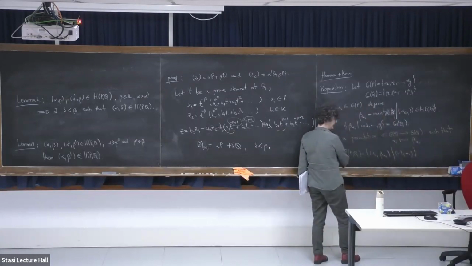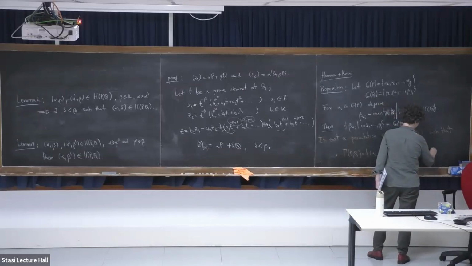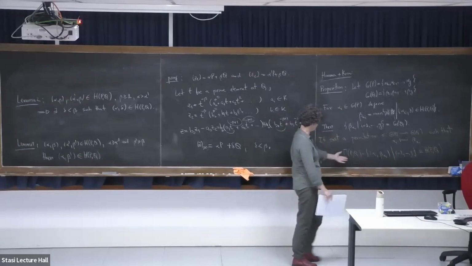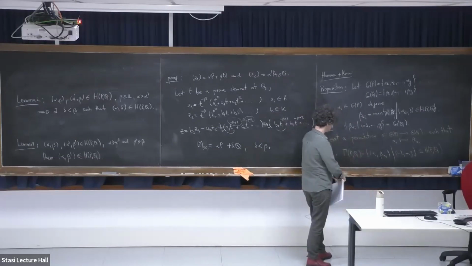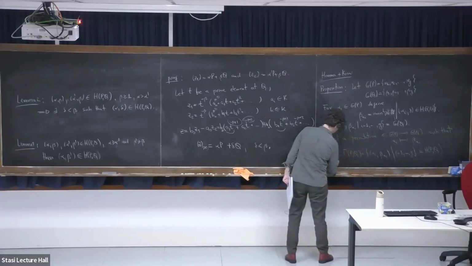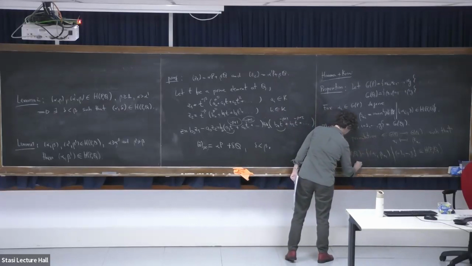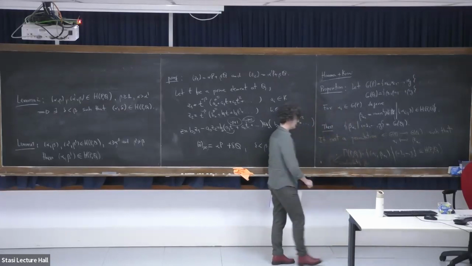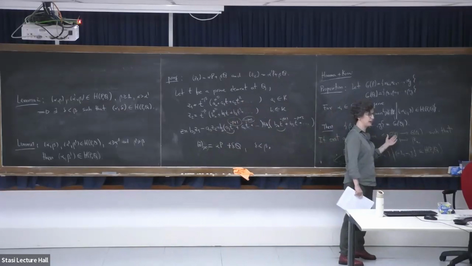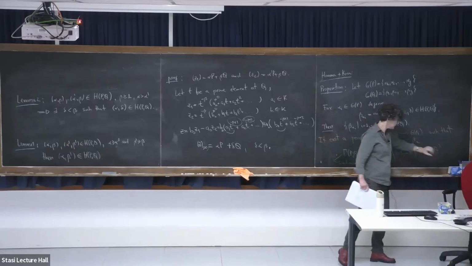We know that this set is all contained here. How many elements do you have in this graph? This has cardinality g. Knowing the gaps at the two points, I already have these elements in the Weierstrass semigroup.